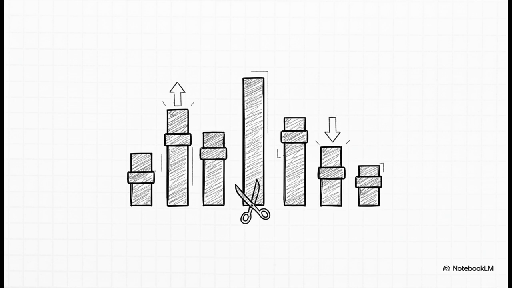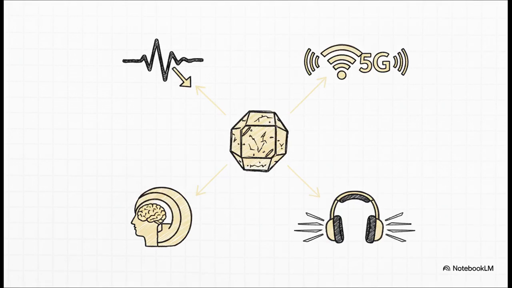You're in charge now. And once you start looking for it, you see this idea everywhere. It's how an audio engineer gets rid of that annoying hiss from a recording. They just find the hiss frequency and cut it out. It's how we make MP3s. We literally just look at the frequency recipe of a song and throw away all the parts our ears can't hear anyway. It's how 5G and Wi-Fi can all be on at the same time without interfering with each other.